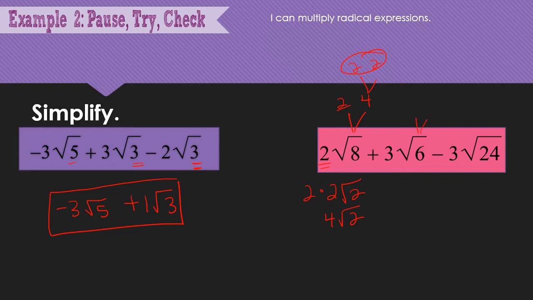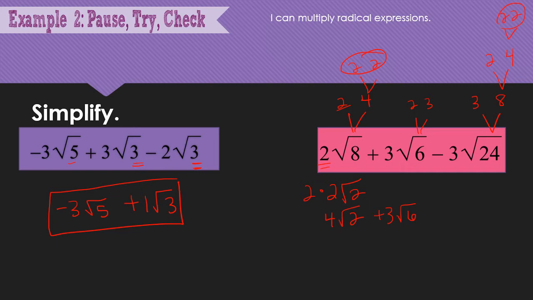Okay, 6 breaks down into 2 and 3. Those are both prime numbers, so I can't break that down any further. That's as far as I can go. Square root of 24, we just did this one, but we'll do it again. So I'll use 3 and 8 again because that's what I used last time. 8 can get broken down into 2 and 4 gets broken down into 2 and 2.